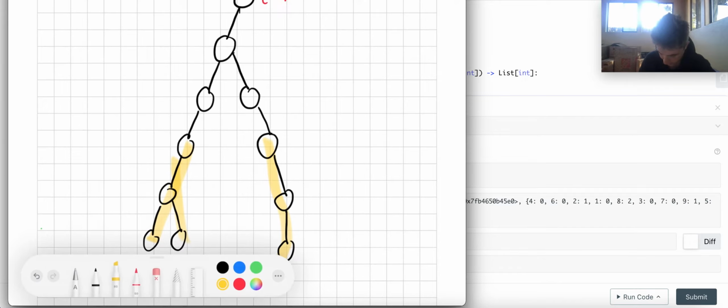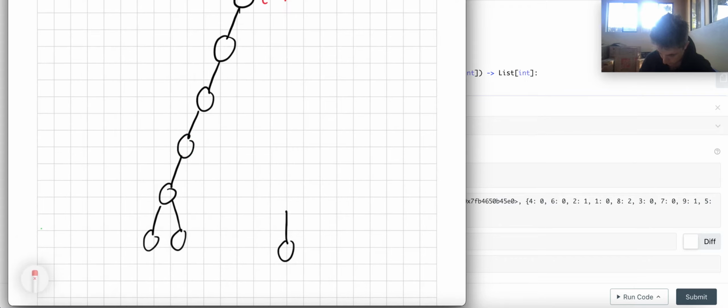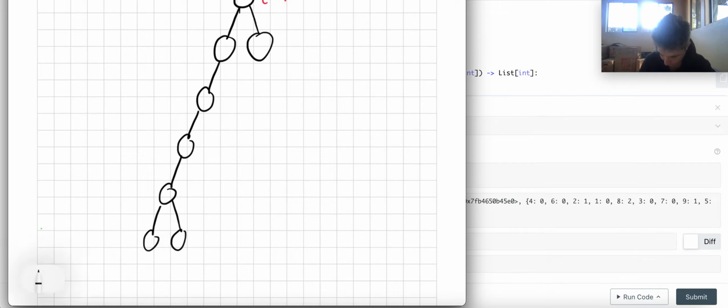Now I'm trying to think if there's edge cases, right? Like, what if there's this system here? If you remove a node at this level, there is no other such subtree at this level to traverse.